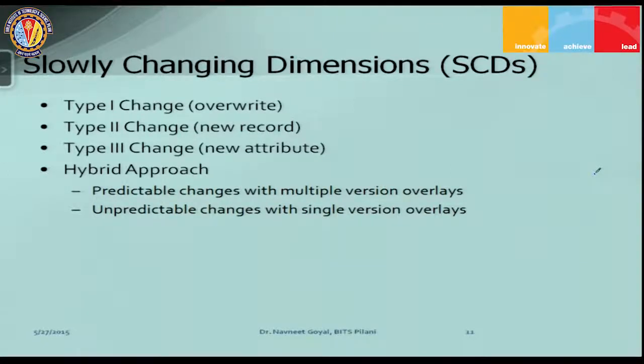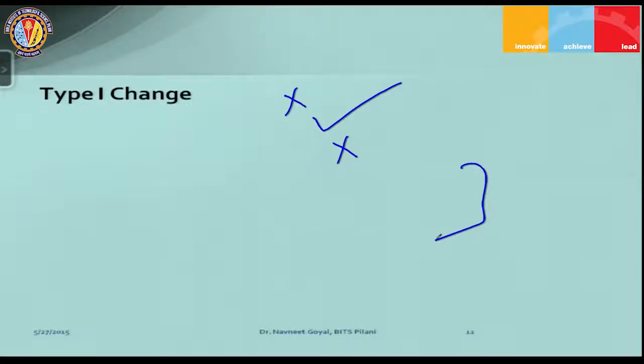And then we have type 3, where a new attribute is introduced for any attribute that has changed. So if the department has changed for a person, I'll now add a column for the new department. That is type 3. In general, type 1 and type 3 are not used often. Type 2 is the most commonly used approach, and then there are hybrid approaches, which we'll also discuss, where we try to combine these.